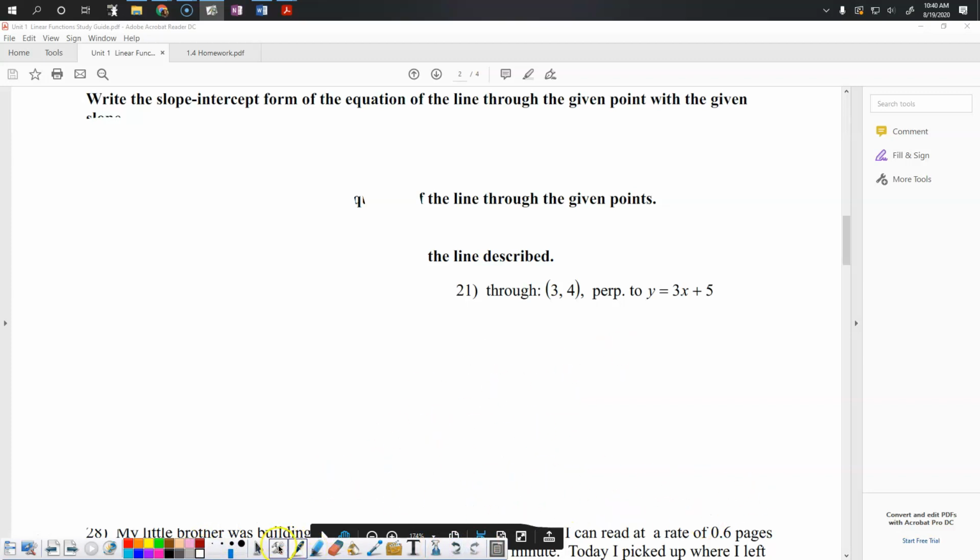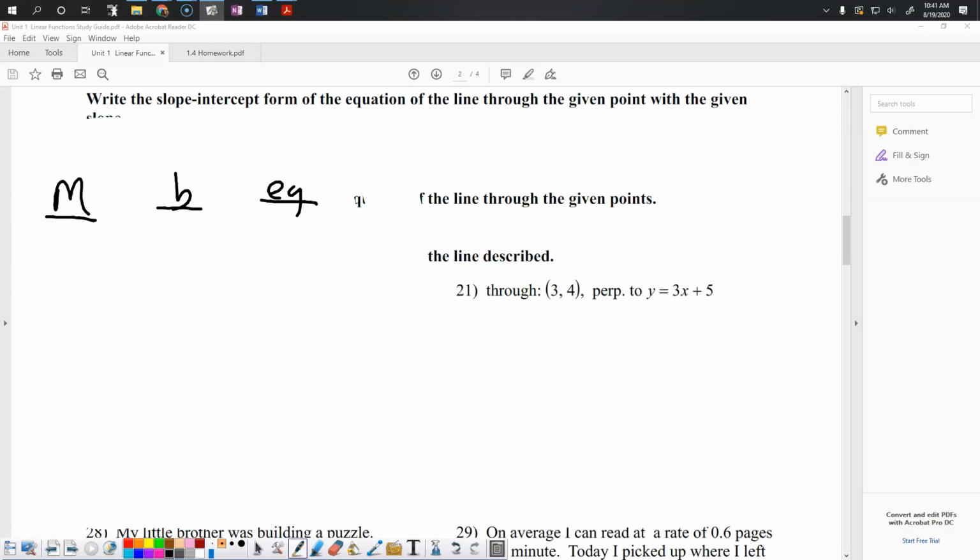All right. So like I said, similar steps to the last problem. It's just that we're doing perpendicular this time. So we need a slope and a b value and then an equation, right?